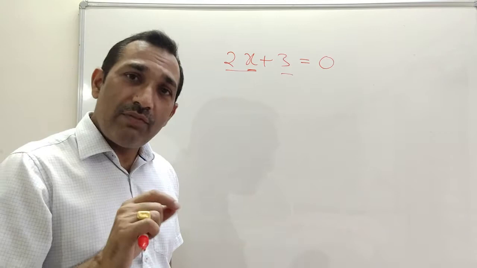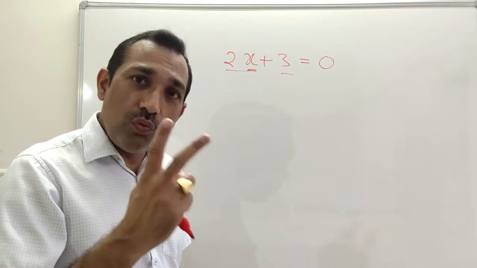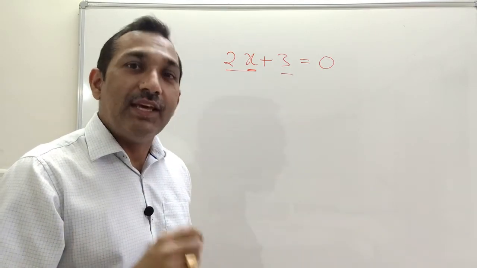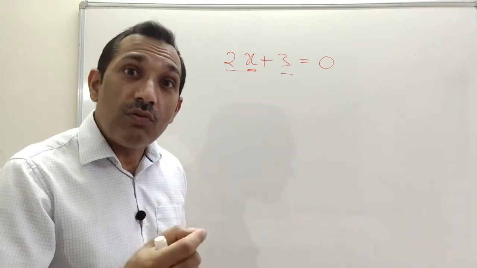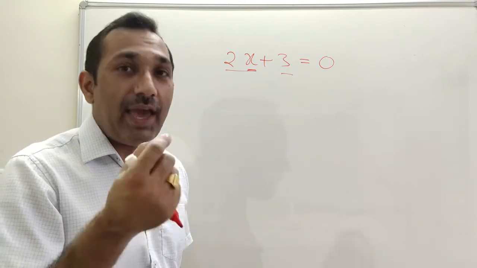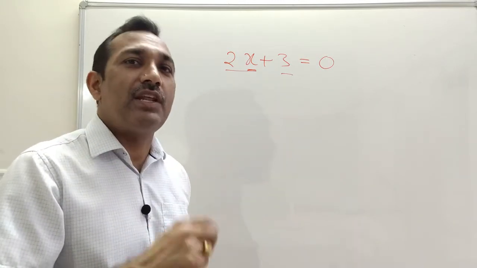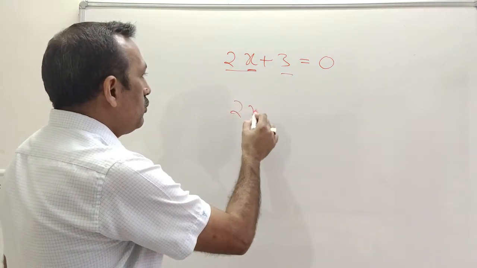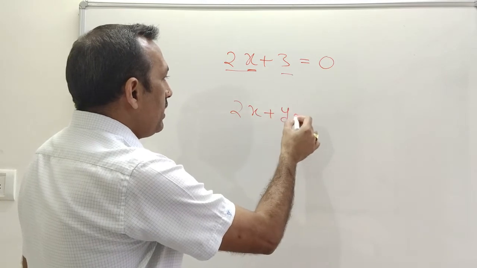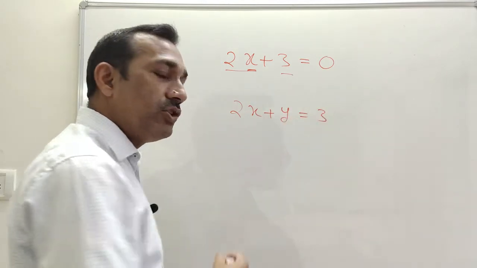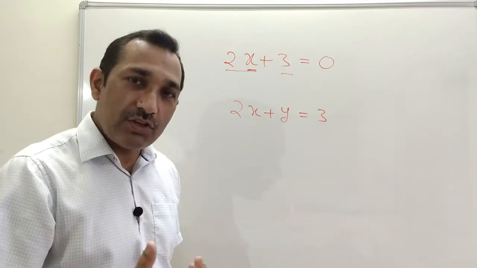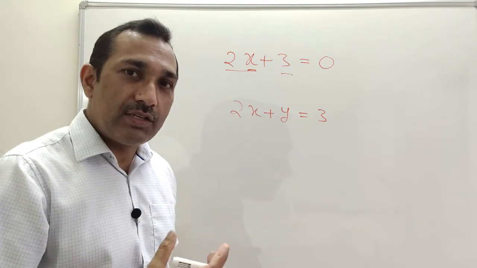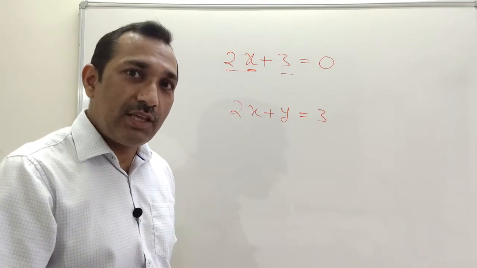Now, today we are talking about linear equations in two variables. So what does it mean? This means we have one more variable other than x. Say for example, let's take y. So let me write one equation: 2x plus y equal to 3. Is it a linear equation? First thing, let us see how many variables are there.